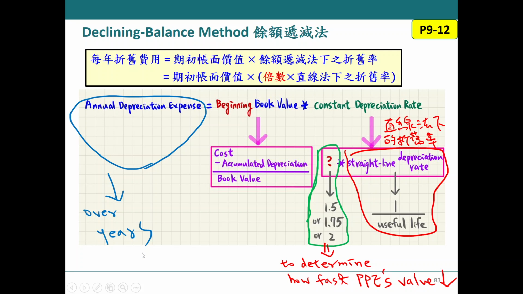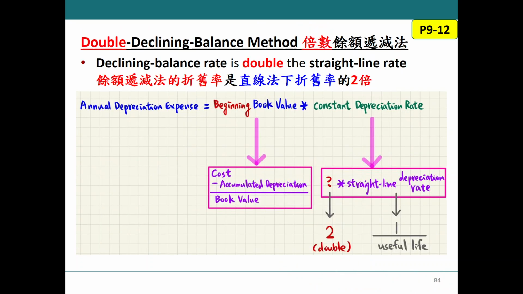Okay? Any questions? If your company chooses 2, for this number 2, we give it another name. Only for 2, we give it a special name. If you decide to choose 2, we call it double. So the name will be double declining balance method. Did you find out?